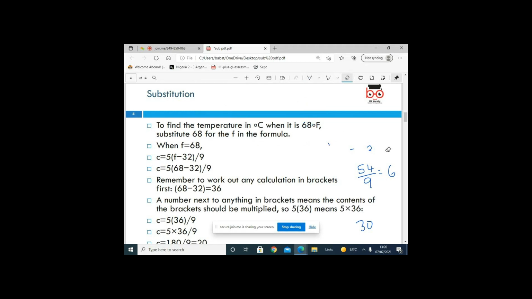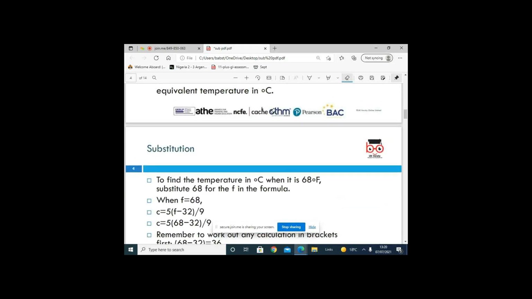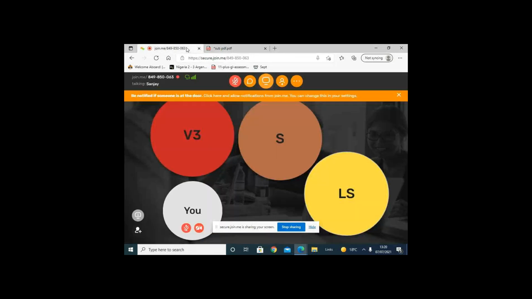So we do questions on it. I want us to do some practice questions on it before we move on to scattered graph. Just hold on a second.